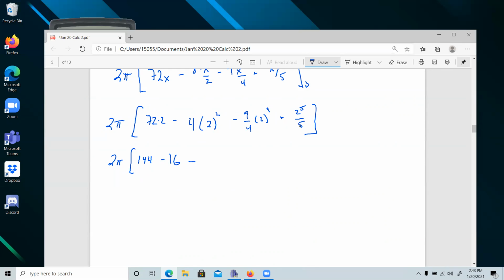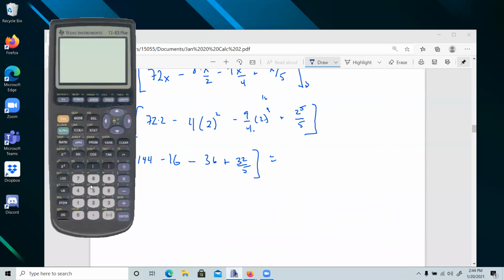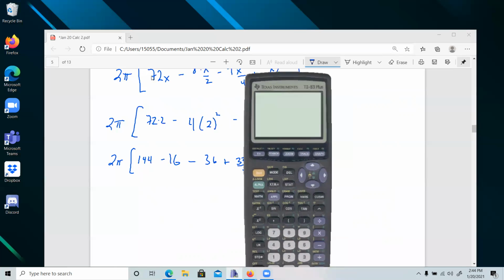Let's see, 2 to the 4th is 16. 16 divided by 4 is 4, so 9 times 4 is 36. And then plus 32 fifths. Okay. And at that point, I'm like, okay, I'm going to have to punt here because I'm not going to worry about doing all of that.